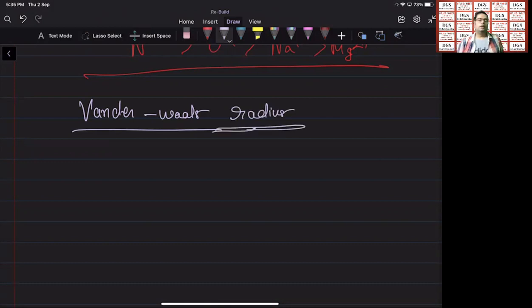So Van der Waals believed that there is something more than these combinations, like you and me. Let's say you and me are not related. We don't have this sort of blood relation. But yes, if we belong to the same country and we went abroad for some work, and then suddenly you saw me and we met somewhere, what can be a sort of interaction?